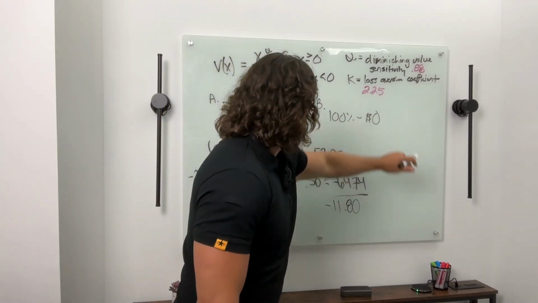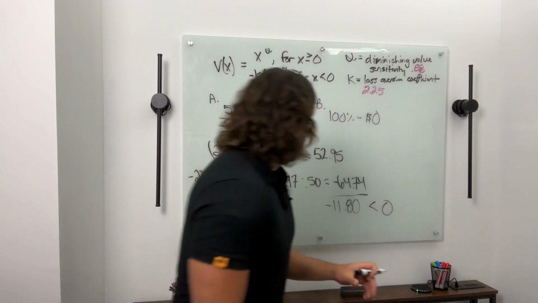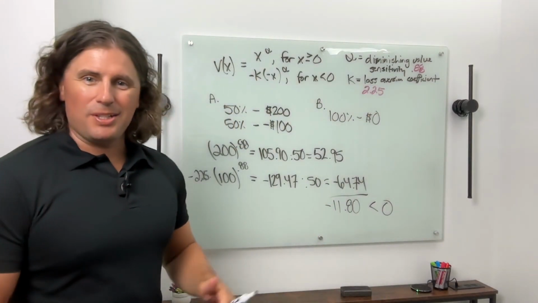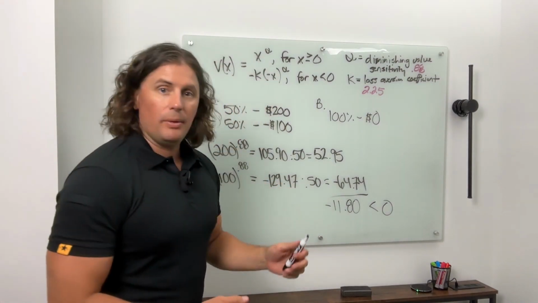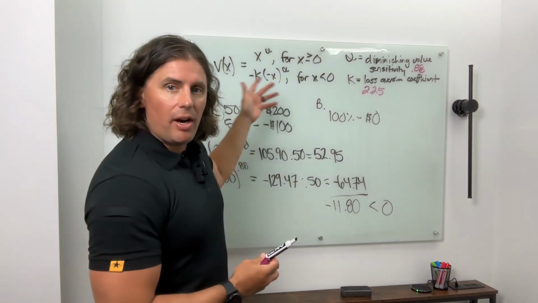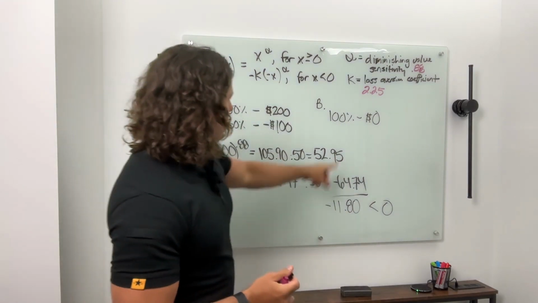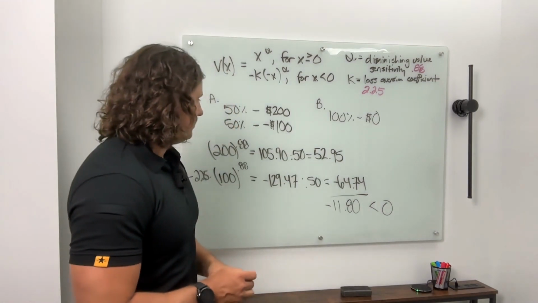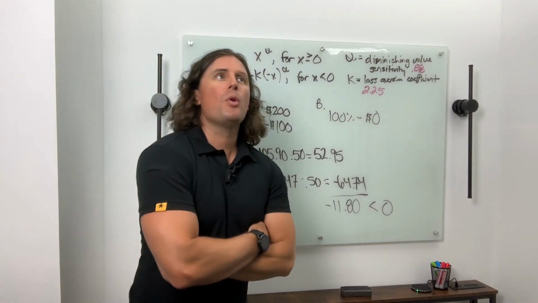And B is 0. So when we do all this math, our decision finally nets out to a negative 11.8. And we say, no deal. We're not going to take this coin flip based off of our prospect theory utility function. So we take this, and now we have our decision that we can be confident about.